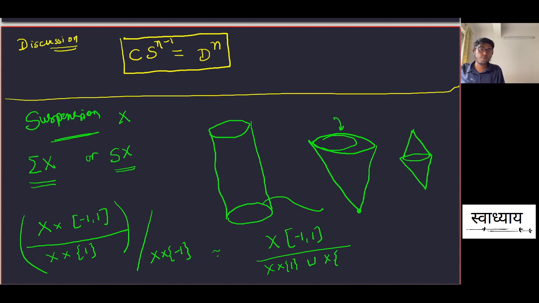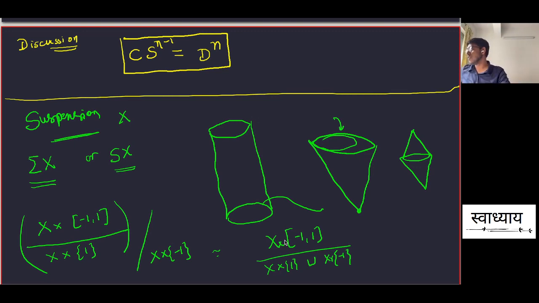So it means that I'm taking X cross [-1, 1] and identifying the lower part and the upper part. That we call the suspension of X.